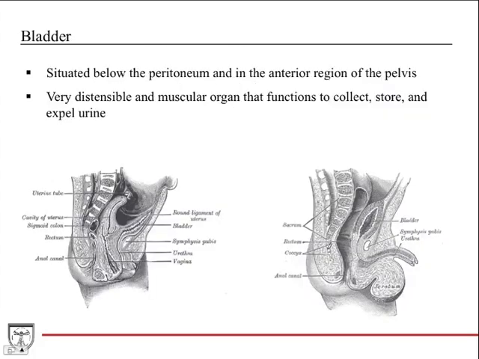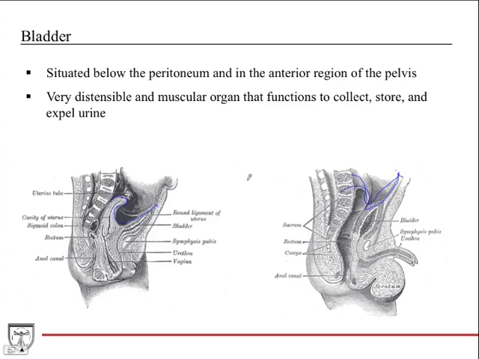So to move on now to the bladder, the more distal organ in the urinary tract. We have diagrams here showing the bladder in both genders. It's situated below the peritoneum, so here's the peritoneum draping down like this, and again here in the male, draping down just over the top of the bladder.